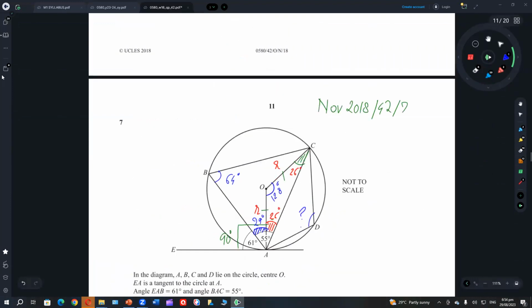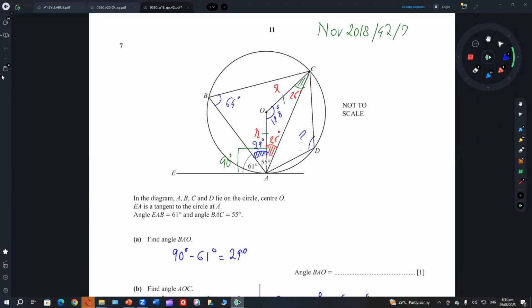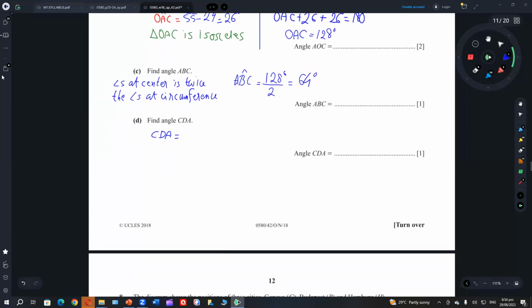First you look how it is a cyclic quadrilateral. 1, 2, 3, and 4. Look how many corners. 4 corners. It's a cyclic quadrilateral. In a cyclic quadrilateral, opposite angles sum to 180.